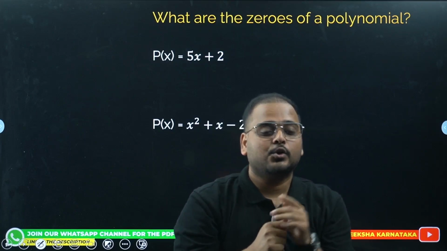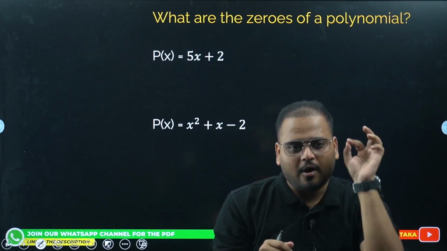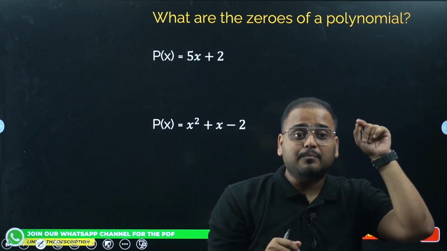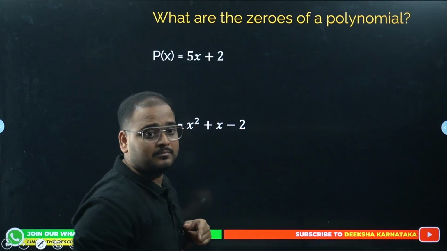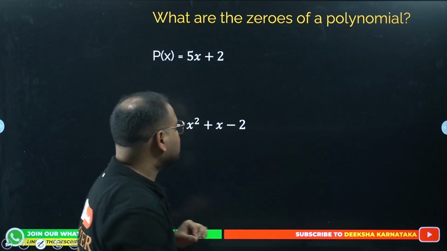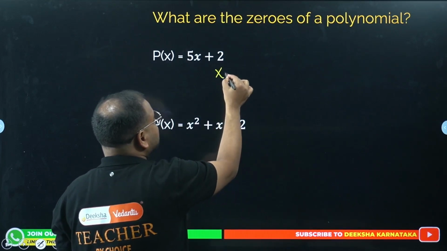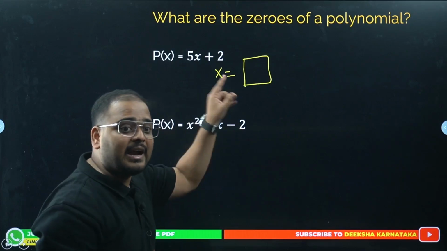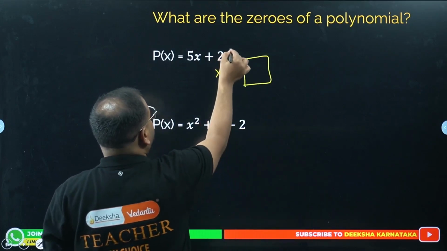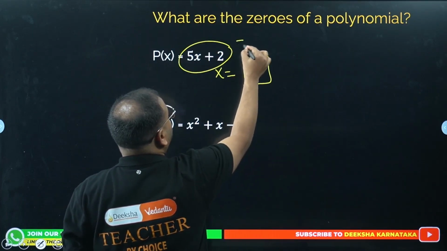Of course, yes. Any particular value of a real number, when put in place of x, makes this expression 0. Means, what can I replace x with? What can I write x as? After writing x, this whole thing should become equal to 0.